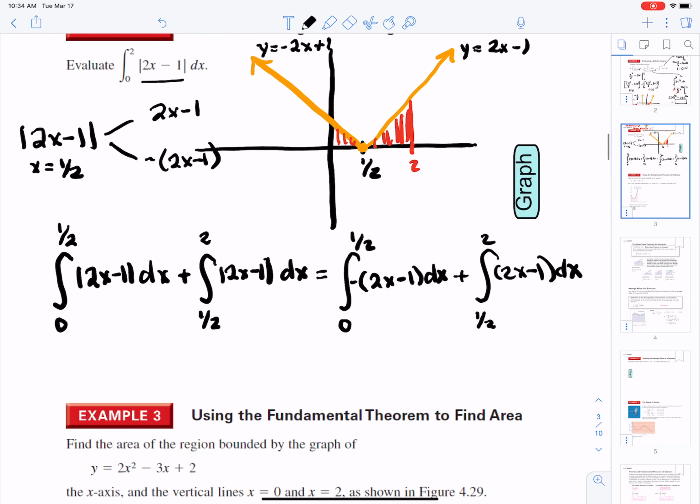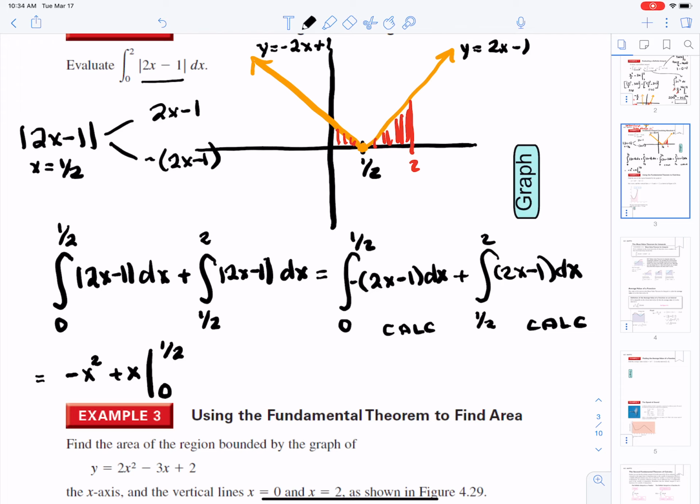Now, if this were an AP question, you may be able to use your calculator to work that out, but again, I would expect you to do this by hand. So this is equal to the antiderivative of negative 2x, which would be negative x squared. The antiderivative of positive 1 would be positive x. I use a line to indicate I'm subbing in the top limit and the bottom limit.